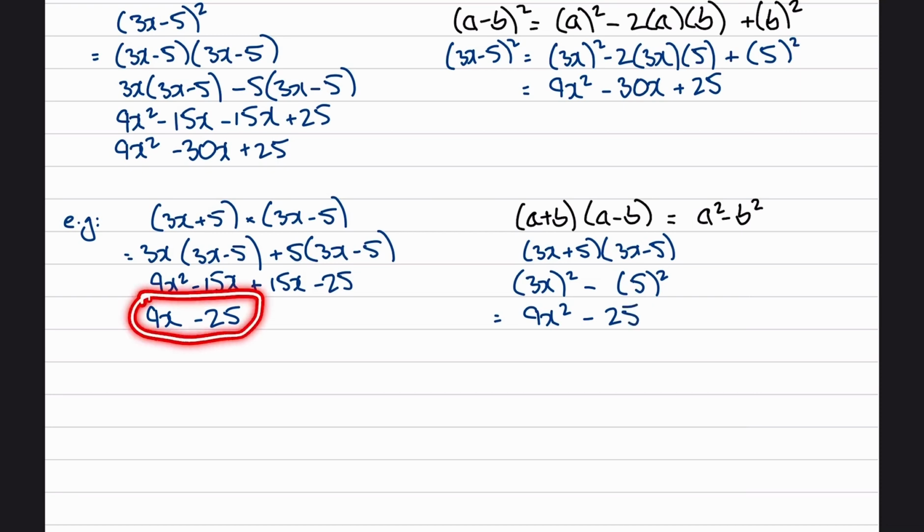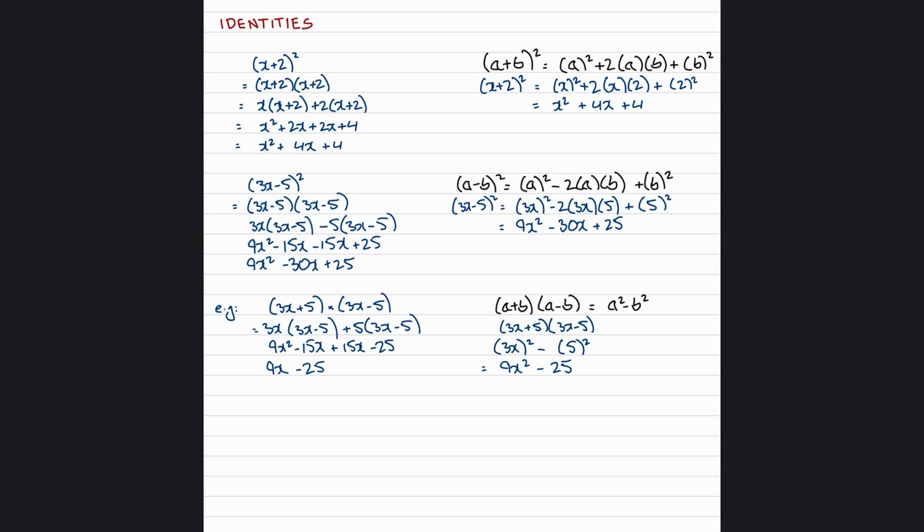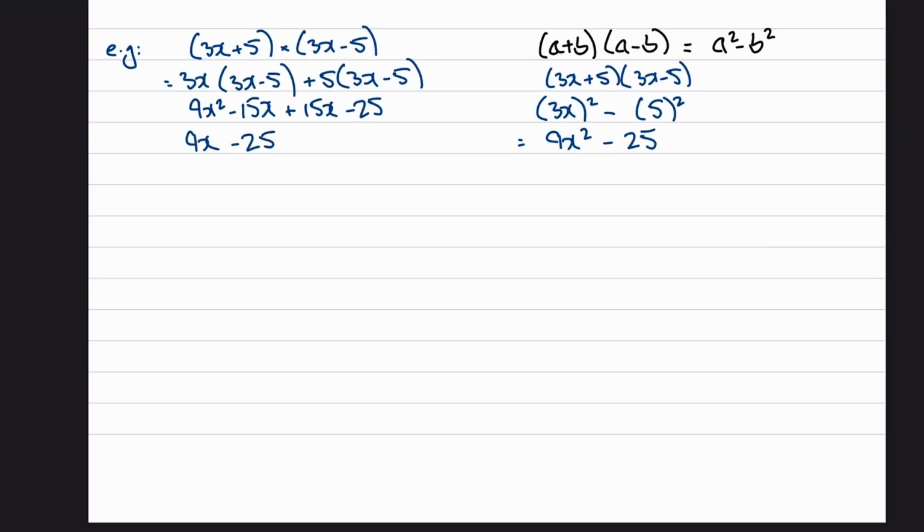And what do you know, it's the same as when we expanded it without the identity. So these three identities are pretty useful if you're expanding whole squares or brackets with the same terms and different signs. And I'll write them all once again.